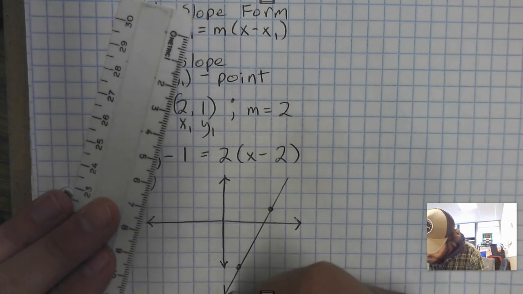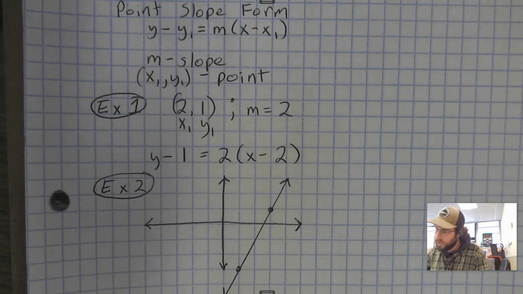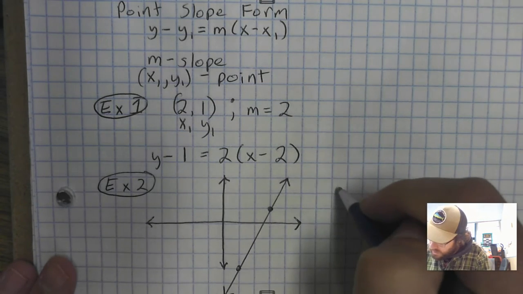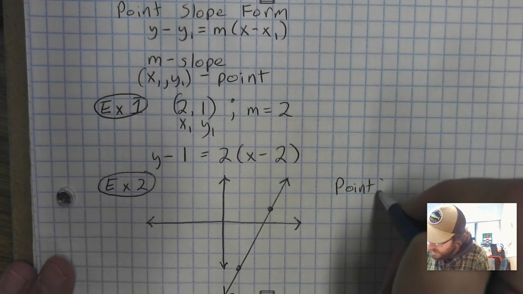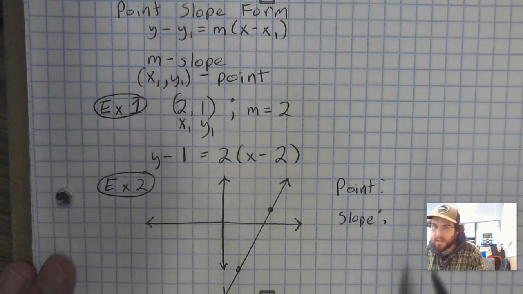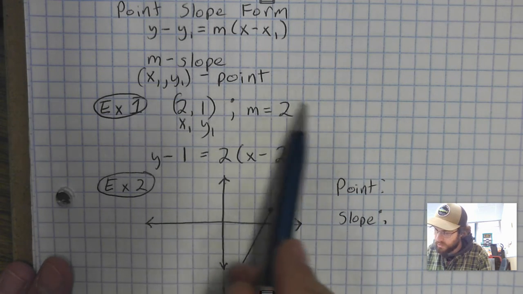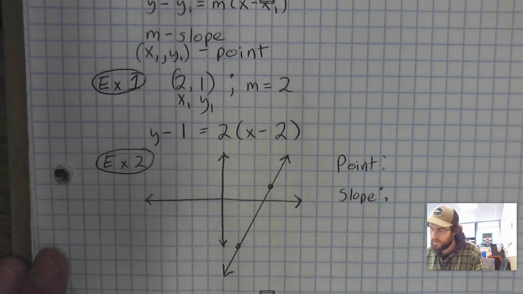So what I need to do is, it's called point slope form, so what I'm looking for is a point and a slope. Once I find a point and a slope, then I'm right back to this part, and then I could fill in my equation.